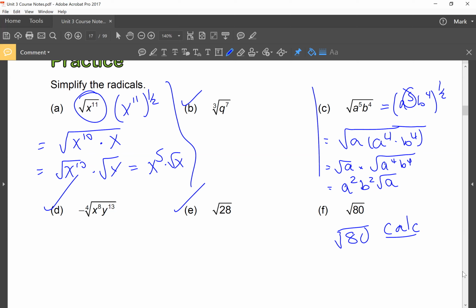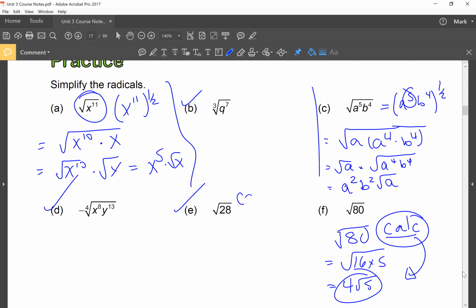So if I take the square root of 80 on my calculator, it gives me the answer. This would be the square root of 16 times 5. My calculator will just give me the answer of 4 root 5. Sorry. So you can do something like E and F on your calculator.